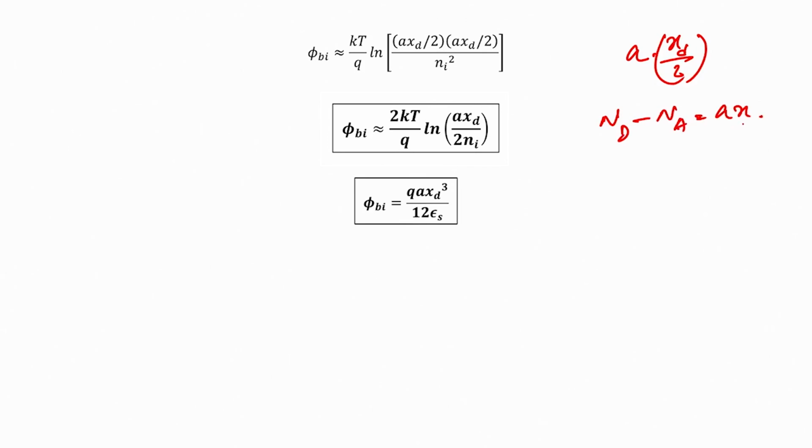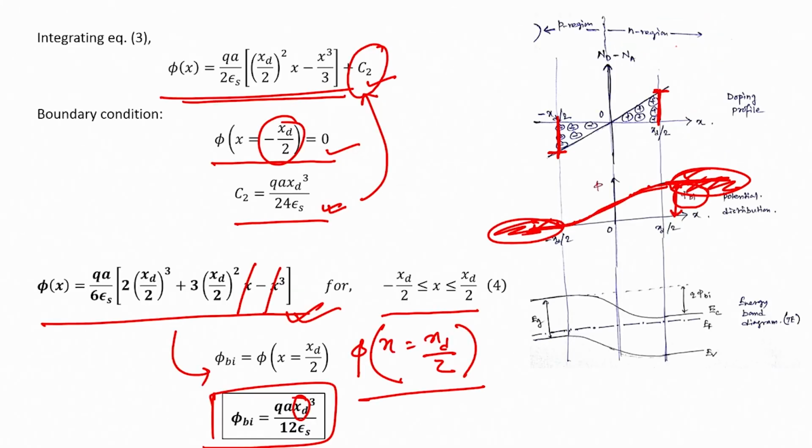So you just plug in x equal to plus minus xd by 2. So the magnitude of the doping density at x equal to xd by 2 or minus xd by 2, that is at the edges of the depletion layer, is given by A into xd by 2. So at these two edges the doping densities are equal.